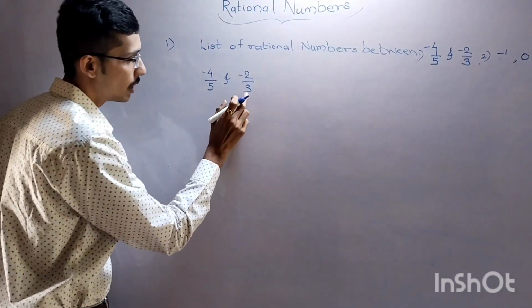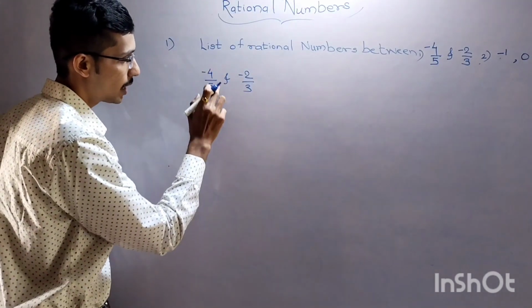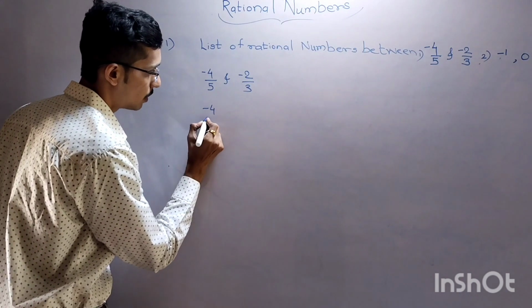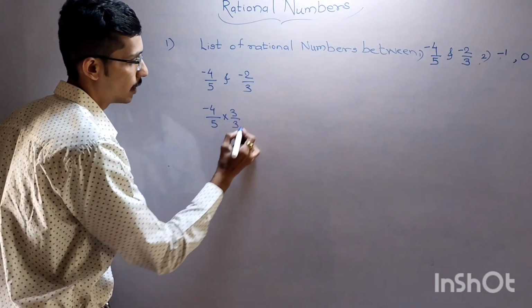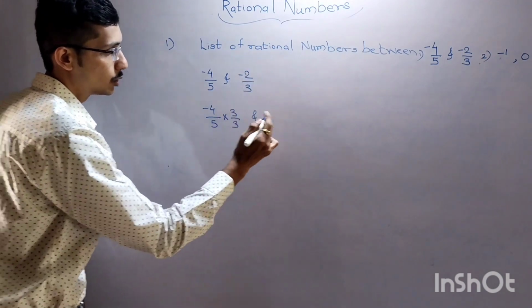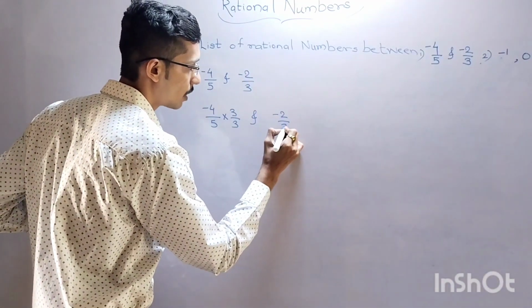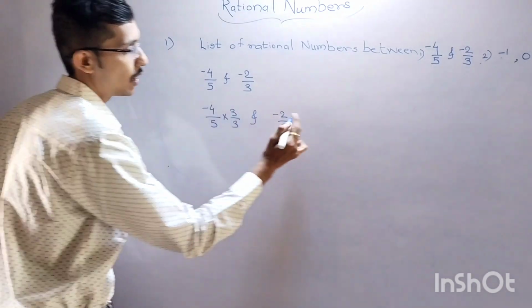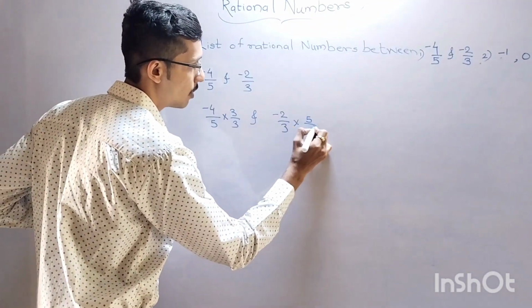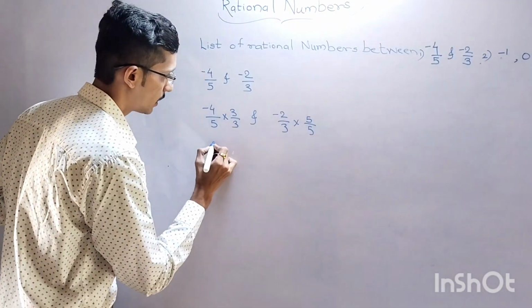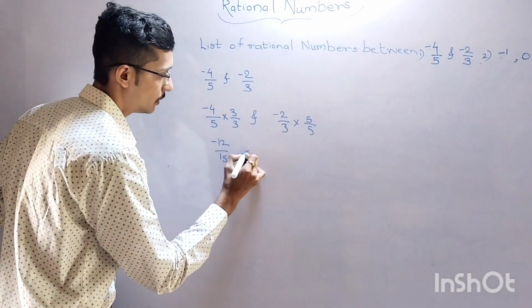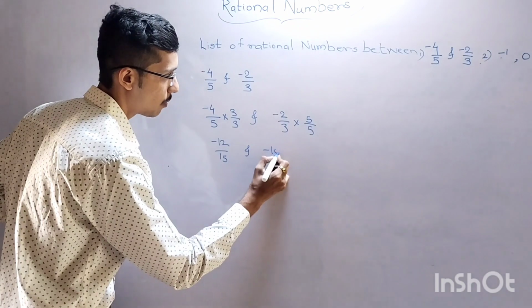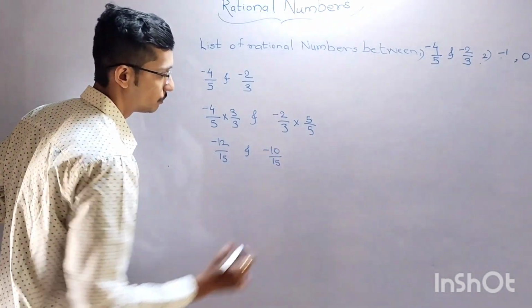For that we multiply -4 upon 5 by 3 upon 3, and -2 upon 3 by 5 upon 5. So it becomes -12 upon 15 and -10 upon 15.